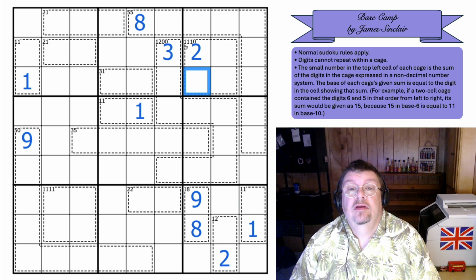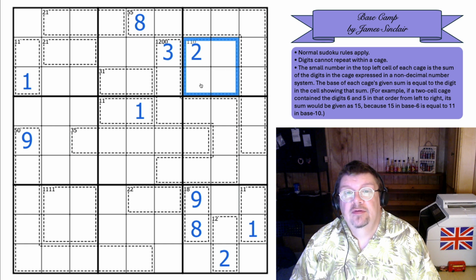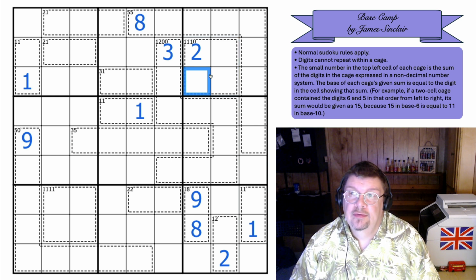So that's 1 lot of 8 plus 1 lot of 4, which is 12, plus 1 lot of 2, which is 14, plus 1 is 16. So these add up to 16. Okay. That's a 16 cage in 4 cells.